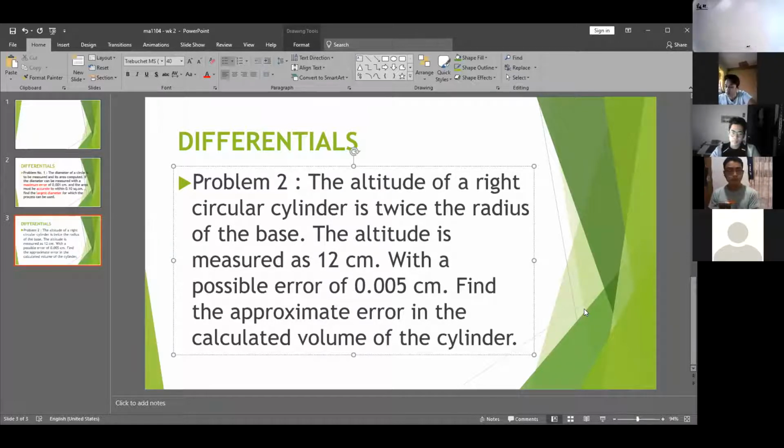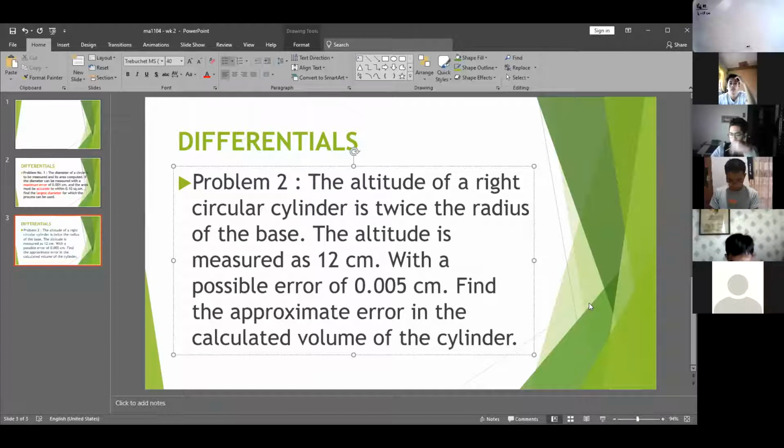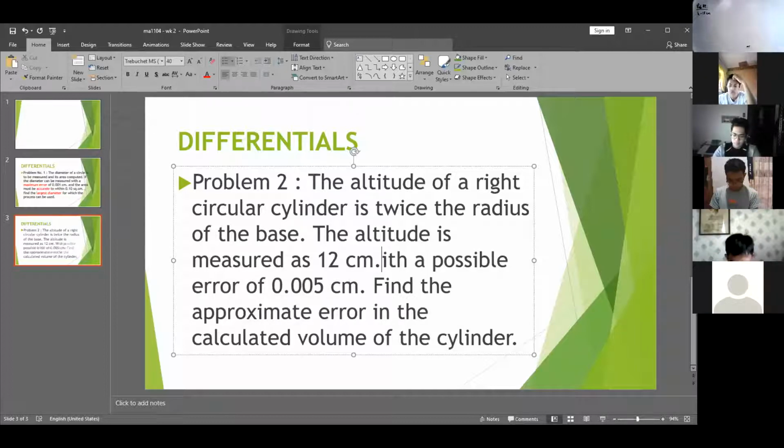Given that the altitude is twice the radius of the base, and the altitude is 12 centimeters. So we are given here h, which is 12 centimeters. And we have the possible error for the altitude, a small possible error of 0.005 centimeter.